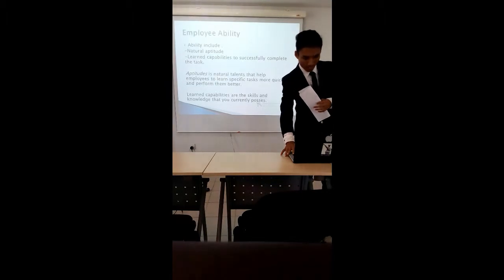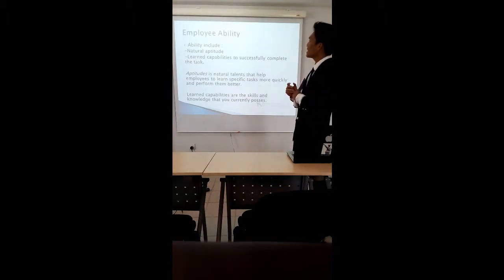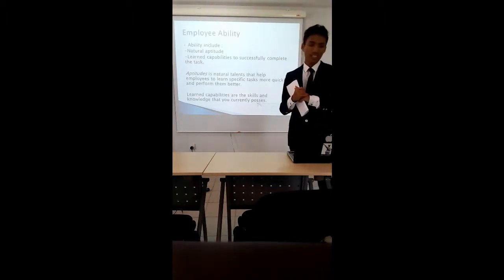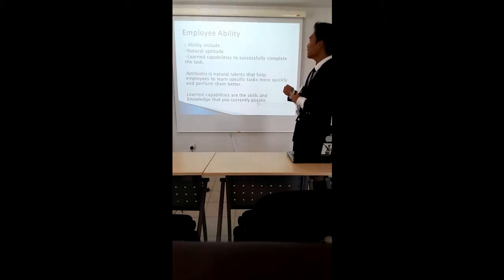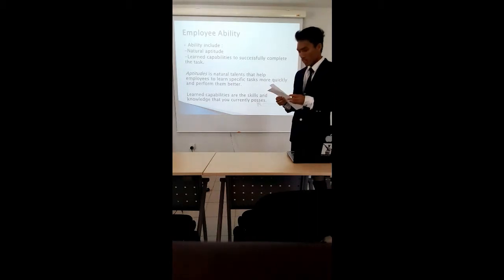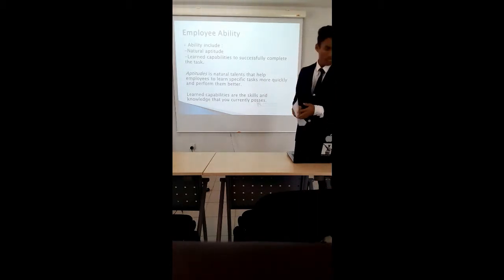Okay, next. The second is about employee ability. Employee ability has two types. The first one is natural aptitude, and the second one is learned capability to successfully complete a task. What is meant by aptitude?